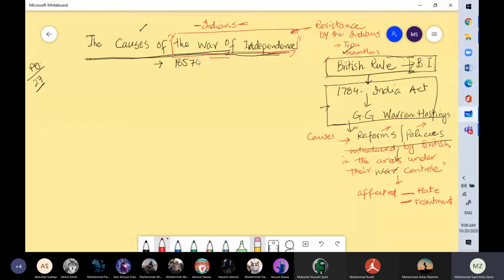You can understand that slowly and gradually among the Indians there was an awareness that the British were occupying them, and on the other hand they were directly affected by their policies. So they finally stood up against the British. So this is another resistance. This is not a new thing.